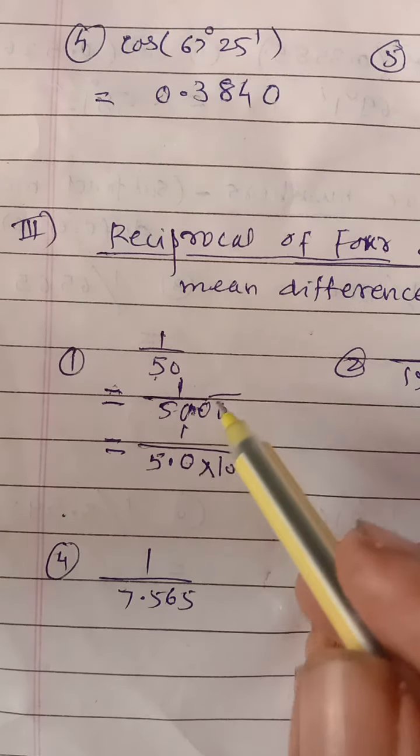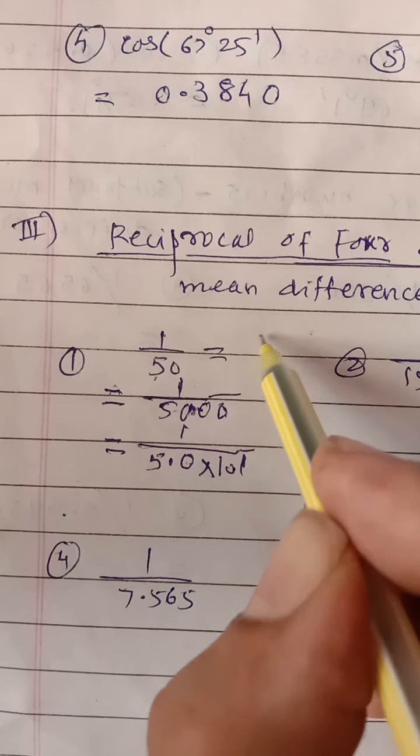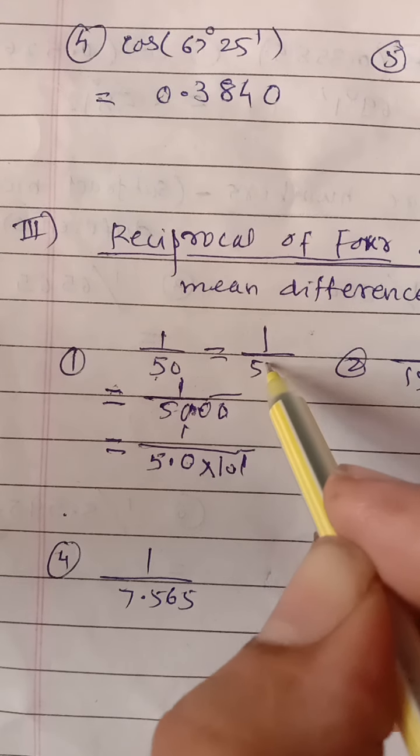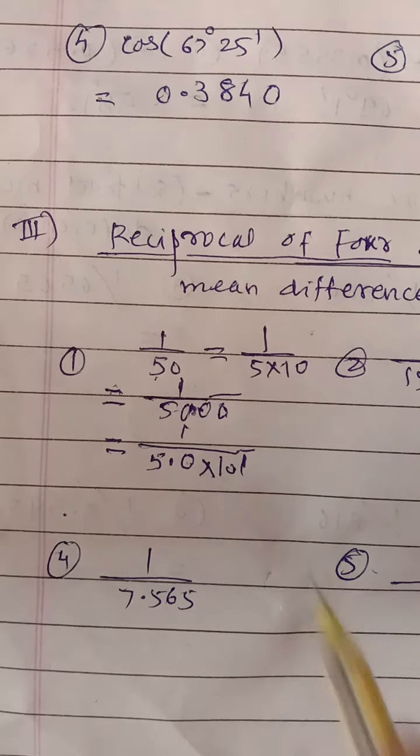That means we will get 50. So directly we can also write it as 1 upon 5 into 10, that is 50.